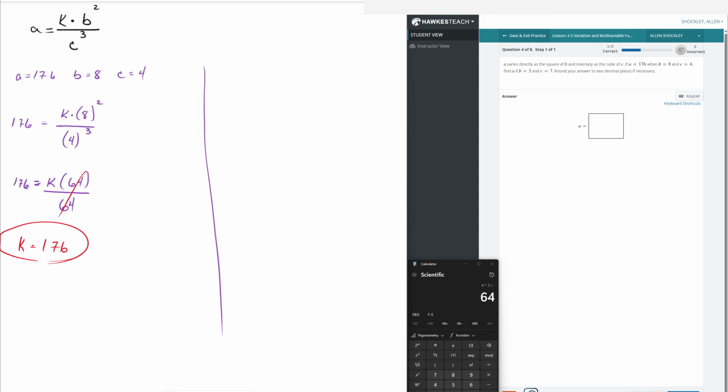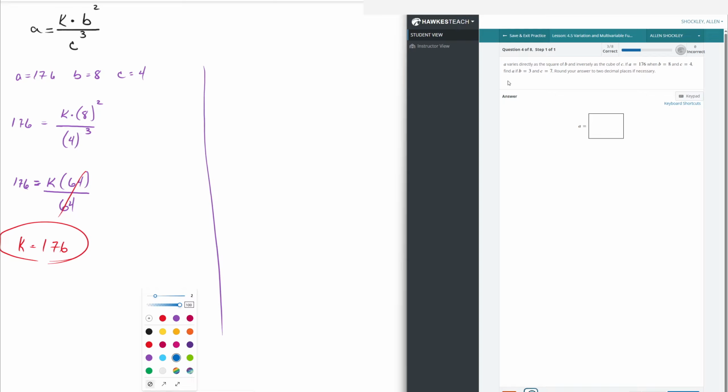So let's use it. When we come up here the second time, we again look up here, and it says find A. Since it says find A, I have no idea what A is. I do know that B is 3 and C is 7.